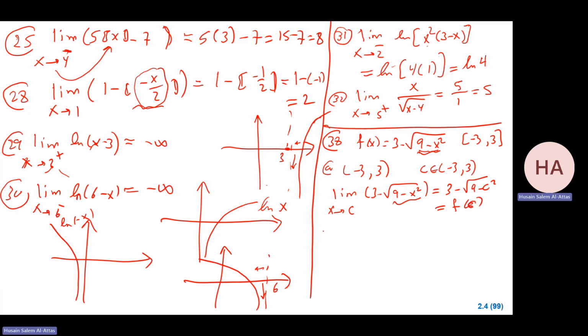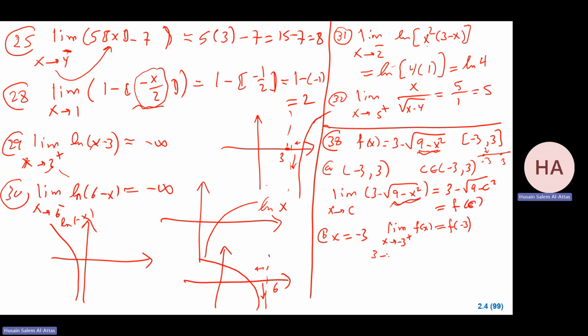Now for x equal minus 3, I need to check the limit as it goes to minus 3 from the right. This is the interval, this is minus 3, and this is 3. So I need to check the point to the right of minus 3 is equal to f of minus 3, which is the case. For minus 3 from the right, you just substitute since everything is defined.